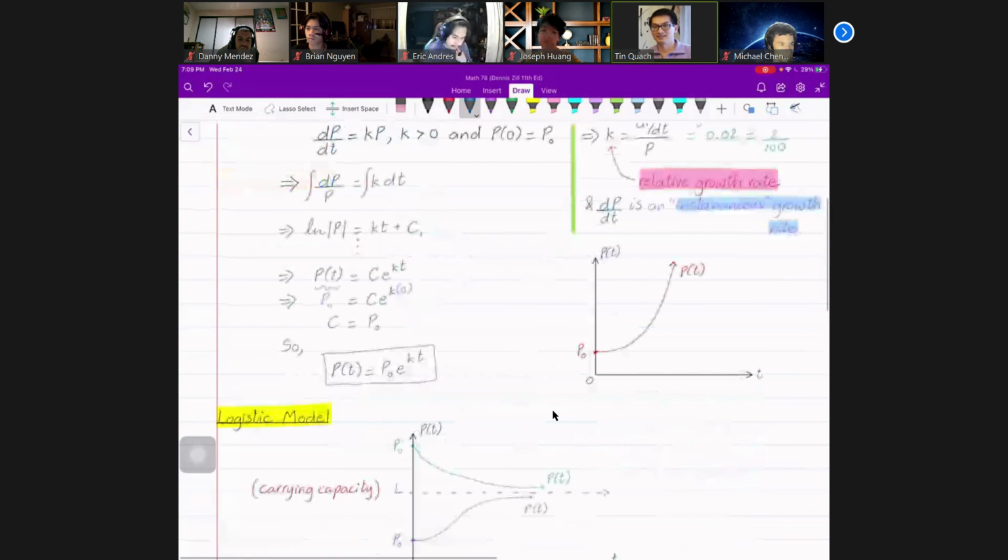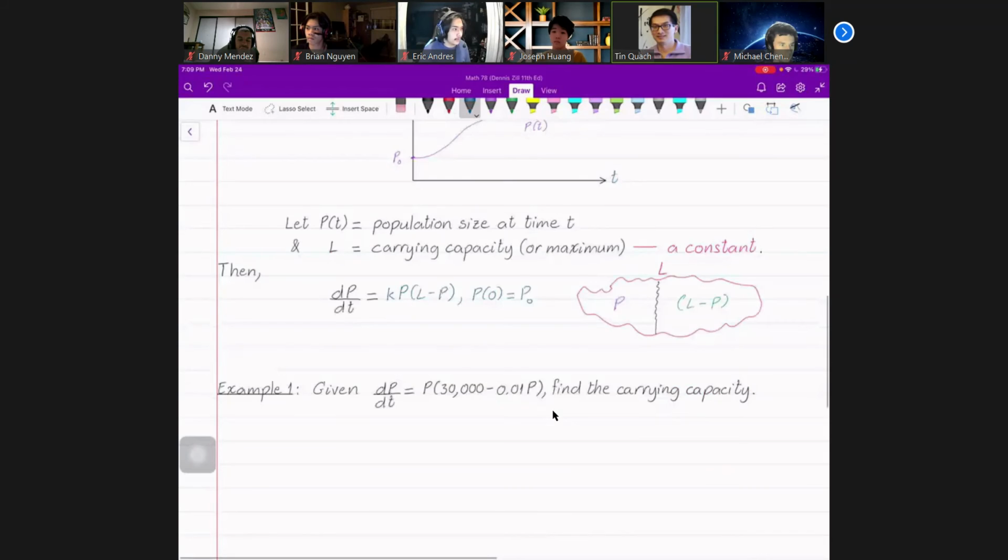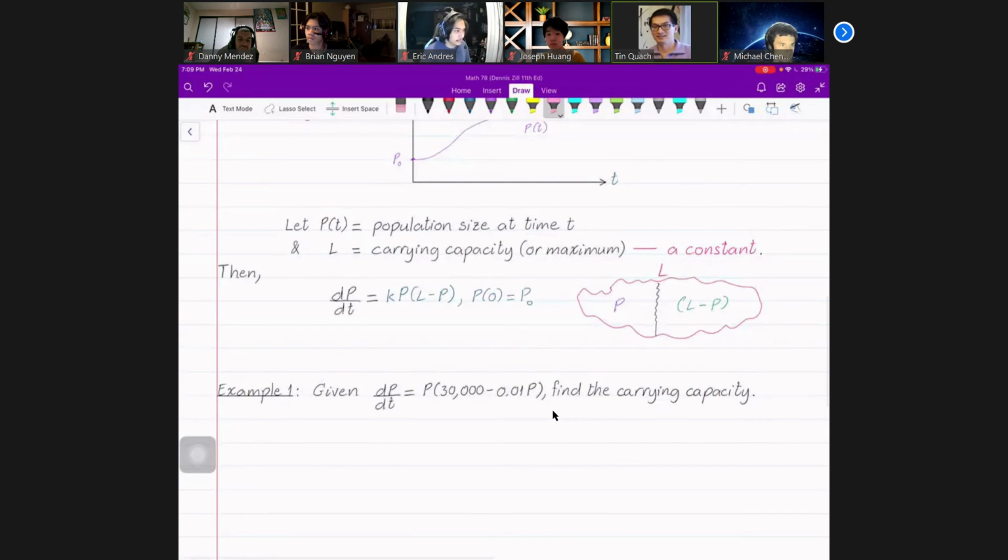We call that the logistic model. That's what it means.